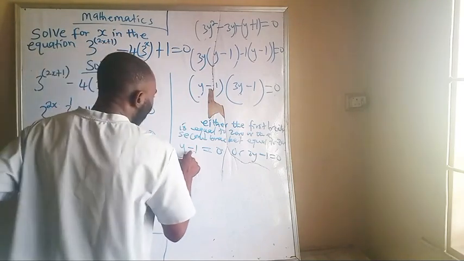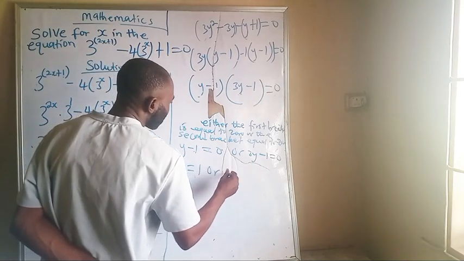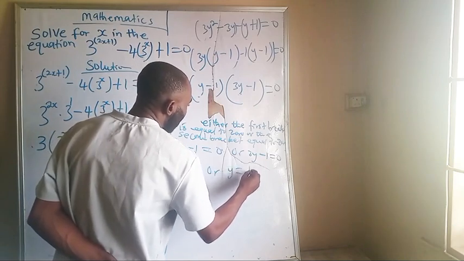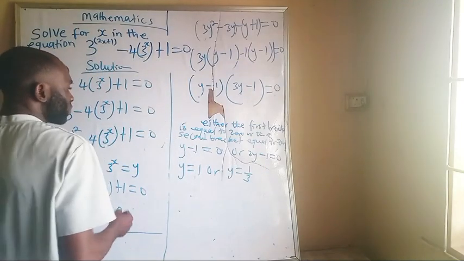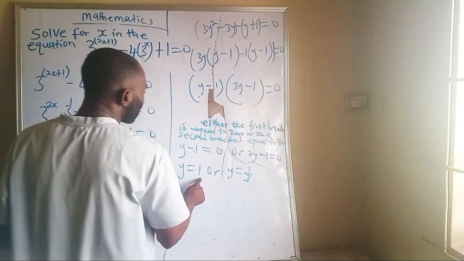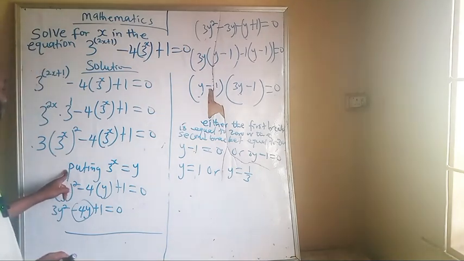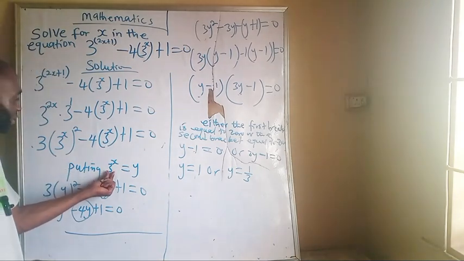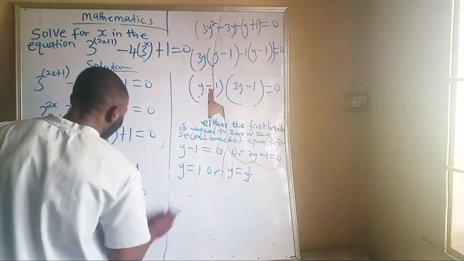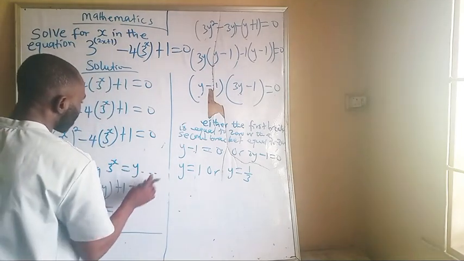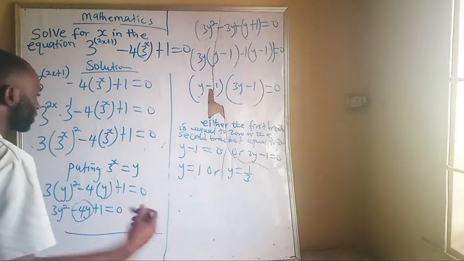So making y the subject, y will be equal to 1 or y is equal to 1 all over 3, because we divide both sides by 3. So since we know that y is equal to 1 or y is equal to this, from here we put 3 raised to the power of x to be equal to y.